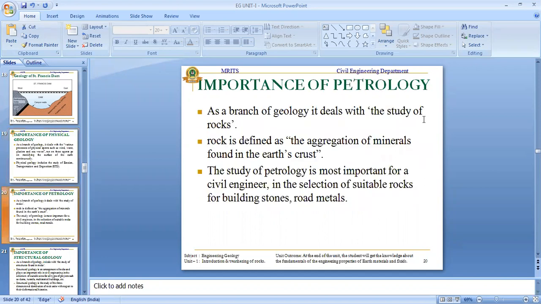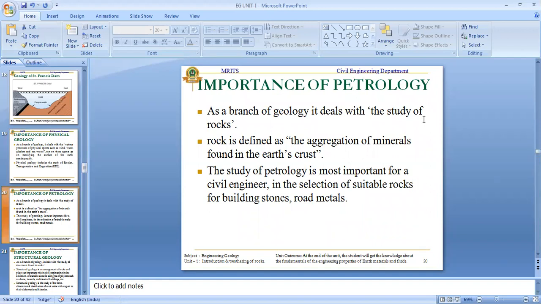Next, the importance of petrology: here we will study the rocks. The study of rocks is very important to know the suitability of rocks for constructions. Which one suits for building blocks, which one suits for foundations, and which one is suitable for floorings and aggregates in the road metals.